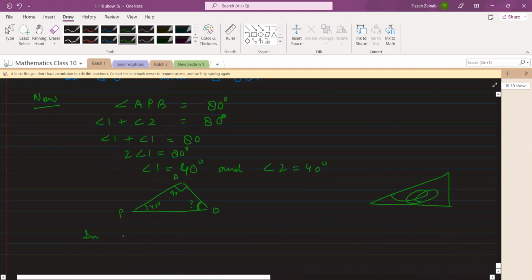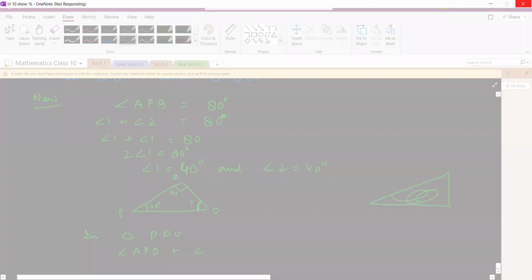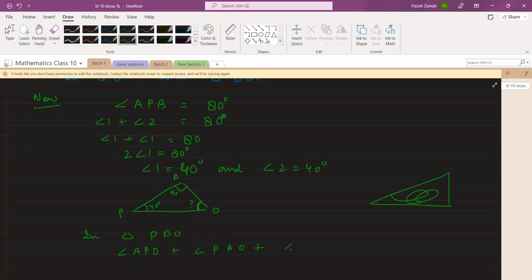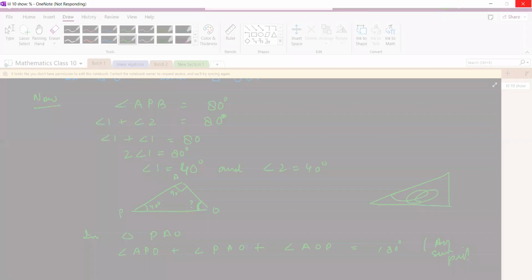So in triangle PAO, angle APO plus angle PAO plus angle AOP is 180 degrees, by the angle sum property, right? Please write it.